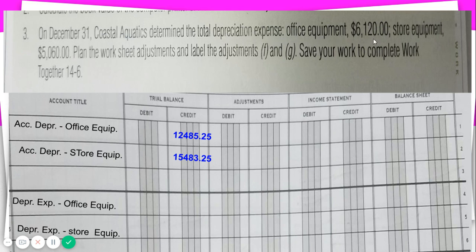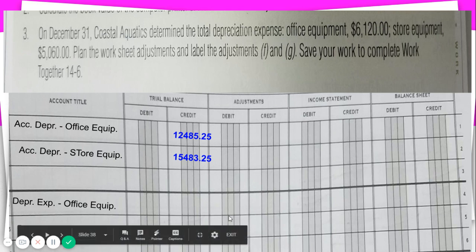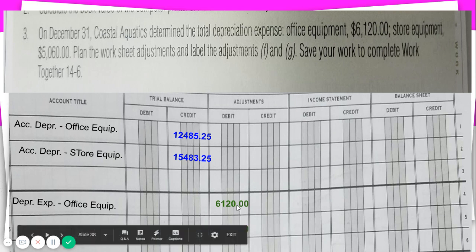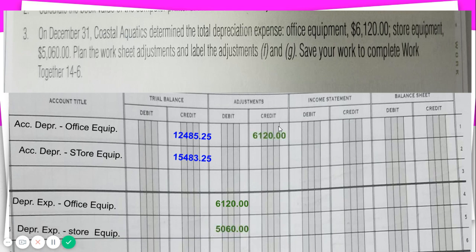Office equipment is $6,000. We put that in our debit side here. And for our store equipment is $5,000, and that's on the debit side. Then, since these are adjustments, they always need something to match. They would go up here for our accumulated depreciation of $6,120 and $5,060.